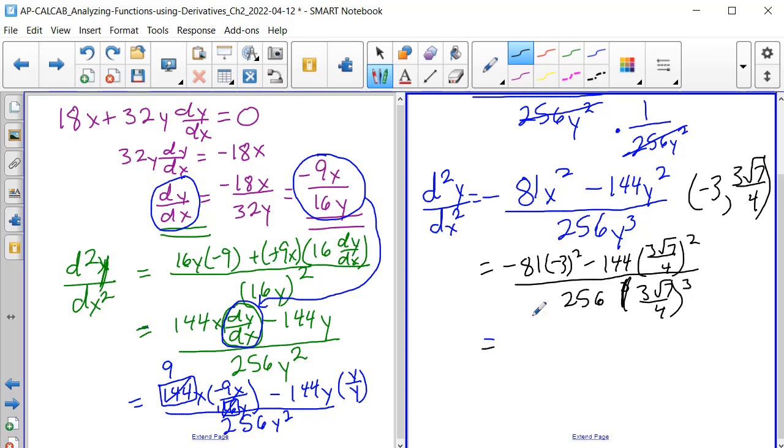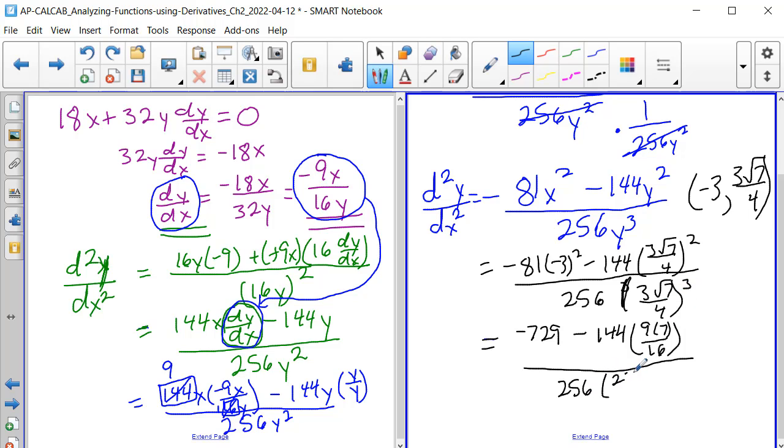And that's going to end up simplifying to negative 3 squared is 9. 9 times 81 is negative 729. And then minus 144 times 9 times 7 divided by 16. And then all over 256.